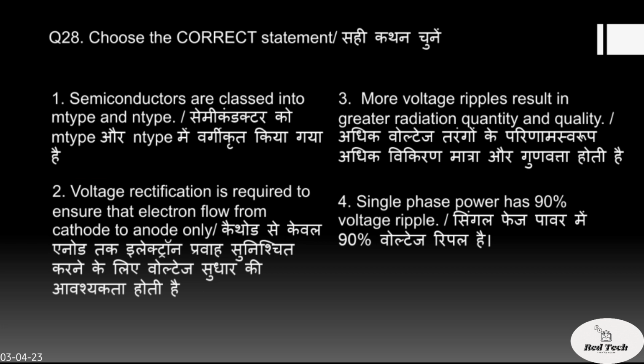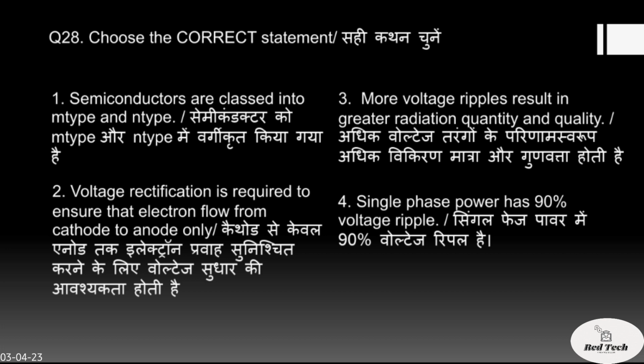Question number 28. Choose the correct statement. So in the given options we have to find the correct statement. Options are: semiconductors are classed into P type and N type. Option number second, voltage rectification is required to ensure that electrons flow from cathode to anode only.